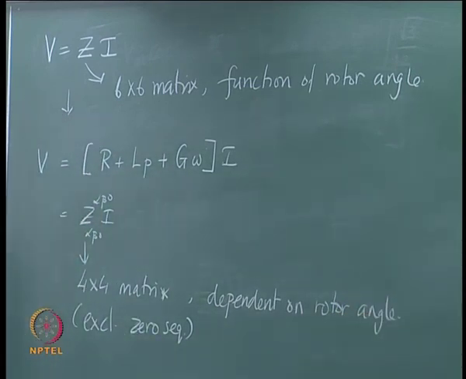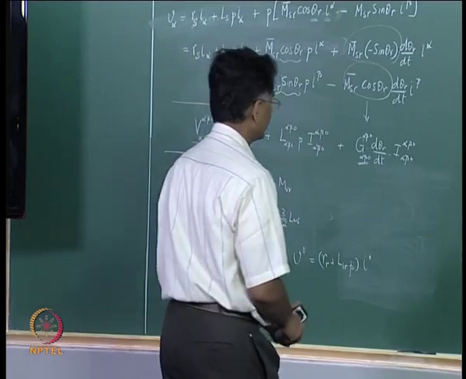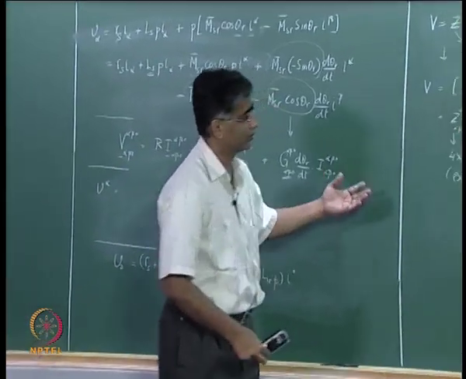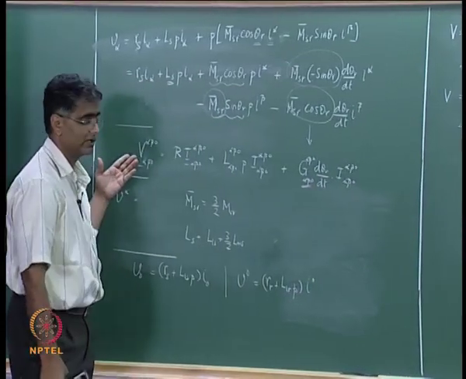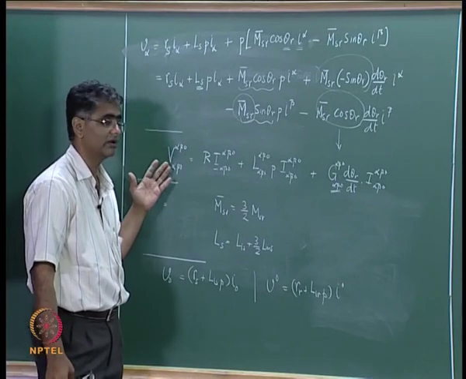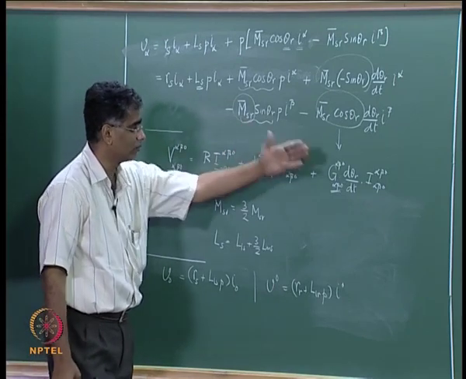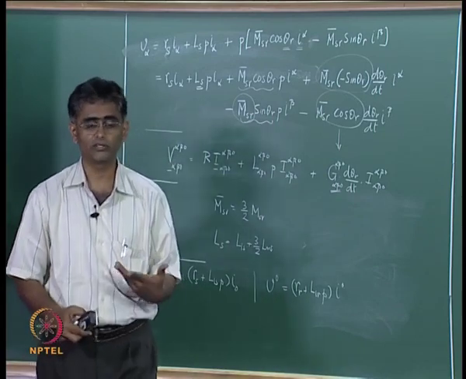Remember, our goal is to get hold of a model for a machine using which we will be able to determine how the machine is going to behave with respect to time for any given inputs that are applied as VA, VB, VC or V alpha, V beta and so on. That means we need to be able to solve this set of equations in order to arrive at the dynamics of the machine.